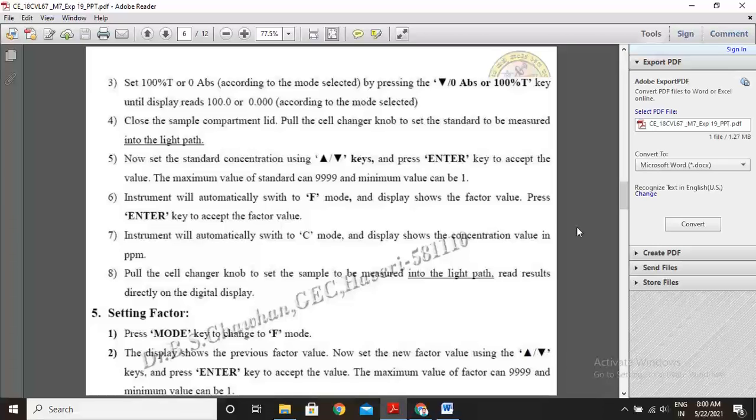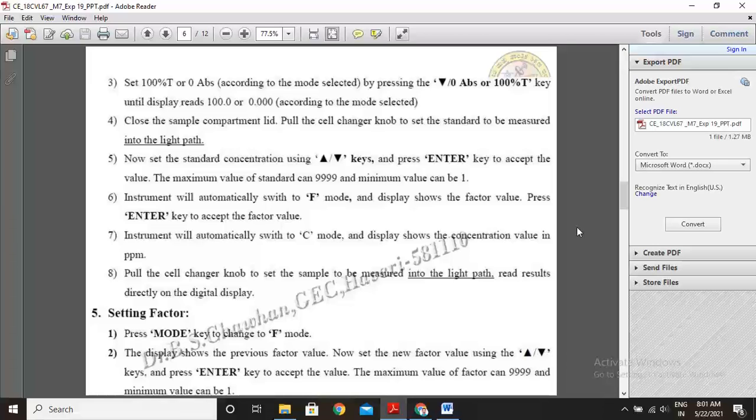So we are getting the direct C value. And next step, pull the cell changer knob to set the sample to be measured into the light path. Read results directly on the digital display. So this is the procedure to read concentrations.